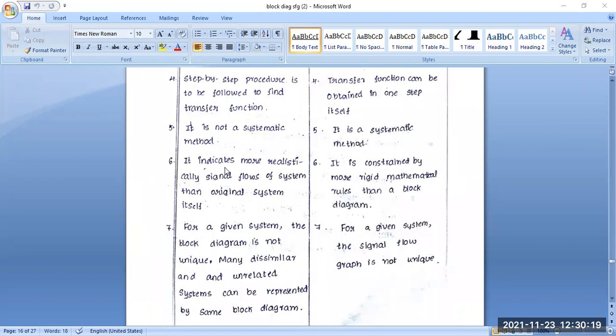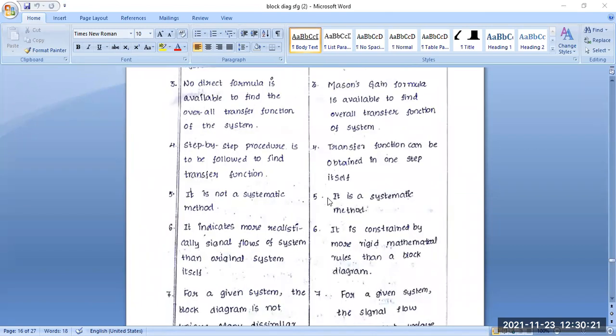In the signal flow graph method, first you calculate the forward path gain, then the individual loops, then the non-touching loops, then the values of delta and delta k, and then, step 5, you apply the formula, that is the Mason gain formula.